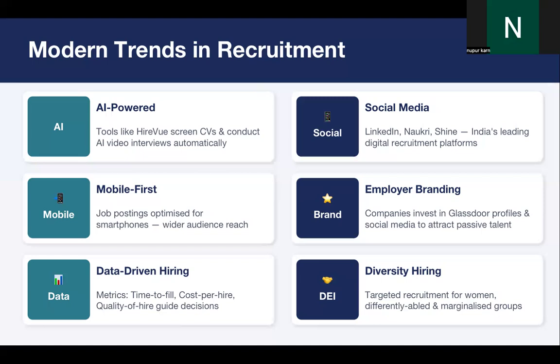So companies also need to take into consideration that they have to recruit women candidates. They also have to recruit differently abled people and people from marginalized groups. So these all are the modern trends in recruitment. While doing the recruitment process, you need to keep in mind that it should be data driven, mobile first, AI, social media, employer branding, and diversity hiring.